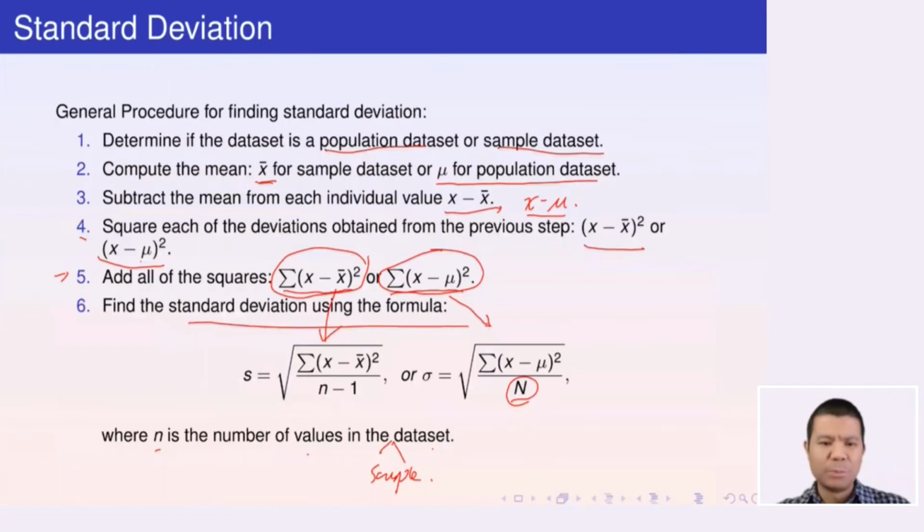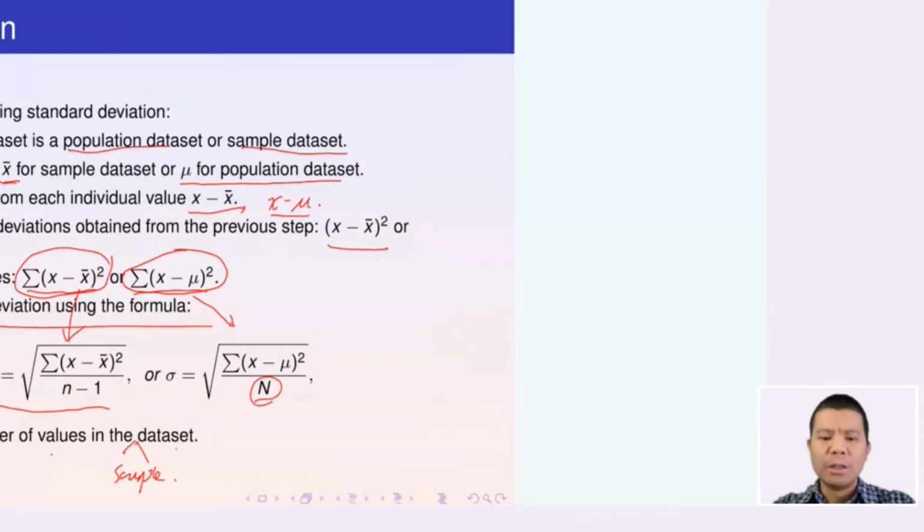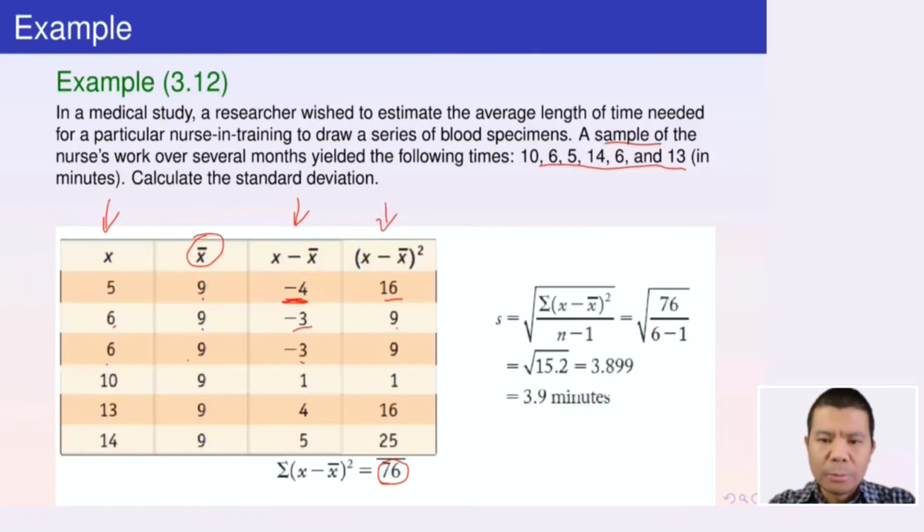Since this is a sample data set, we're going to use this formula: s equals the square root of the summation of the squares over n minus 1. We have n equals 6, 6 values, and this summation is 76.